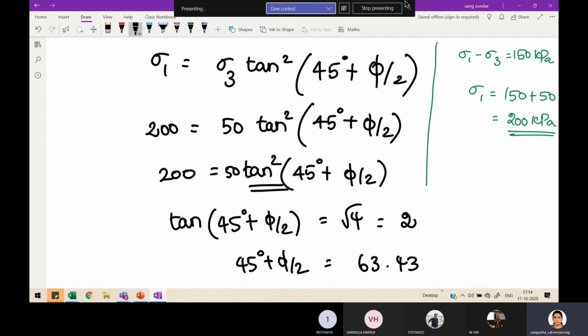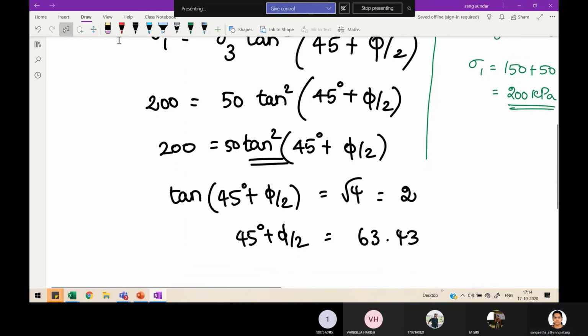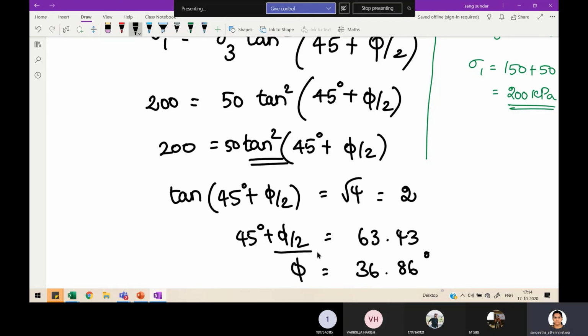So just subtract 45 and multiply by 2, it will give you somewhere around. How much is your phi now? Phi is equal to 36.86 degrees. Okay, this is your answer.